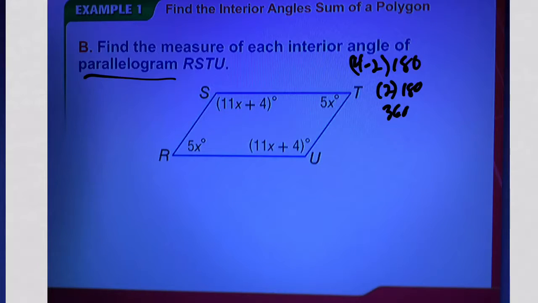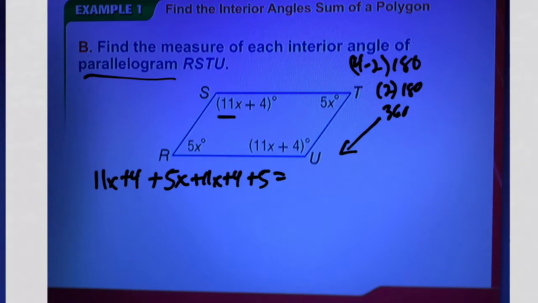So I know all these angles add up to be 360, so we're going to write an equation that tells me that. We'll start with our first angle here of 11x plus 4, then plus the next angle is 5x, plus 11x plus 4, plus 5x, and that's going to equal this total of 360.